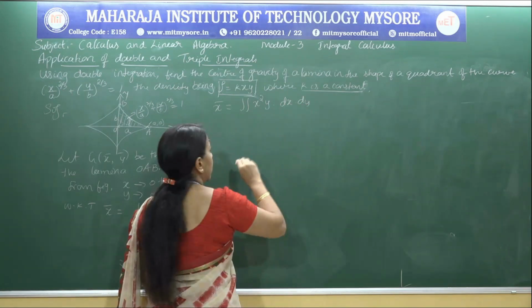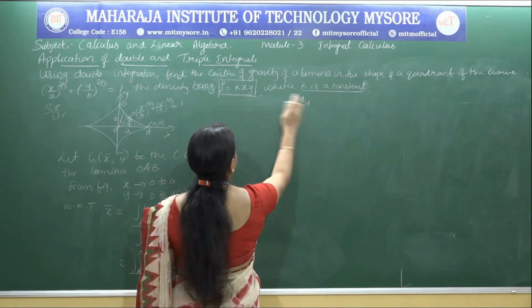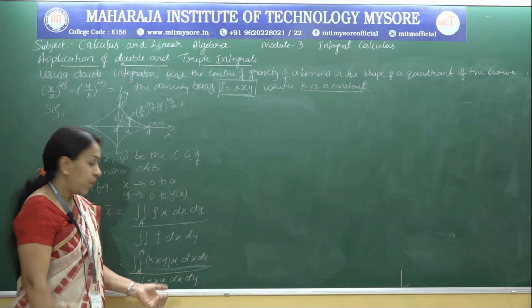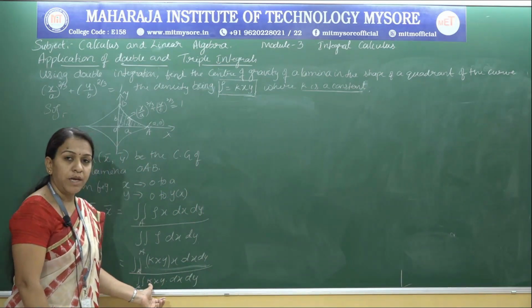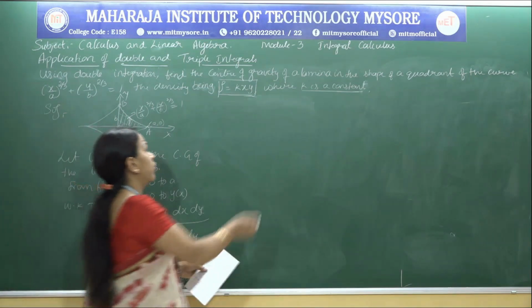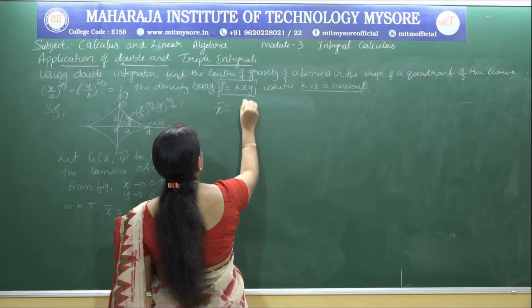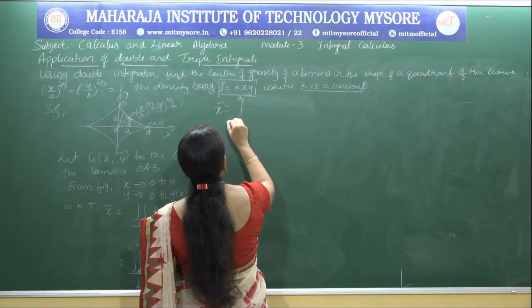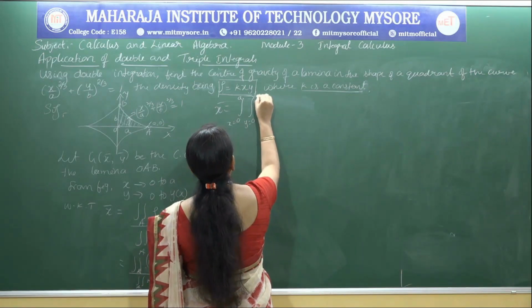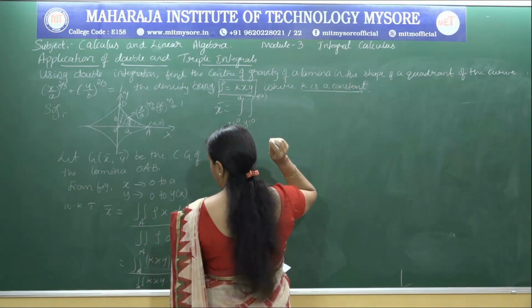So let me substitute the limits also. Now I can take out k common and cancel with k, and also substitute the limits of x and y, so that x bar is the integral with x varying from 0 to a, and y varying from 0 to y of x, and k gets cancelled.